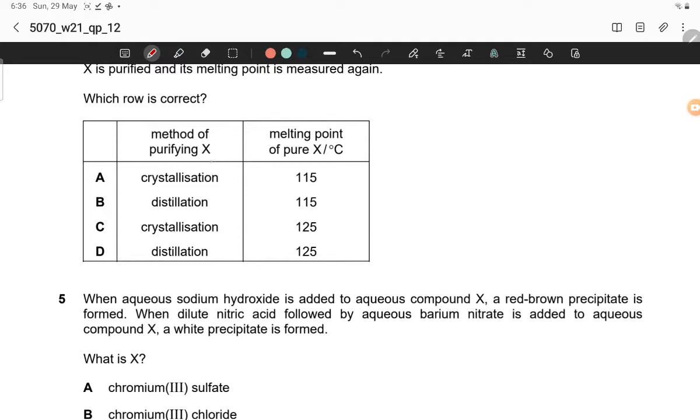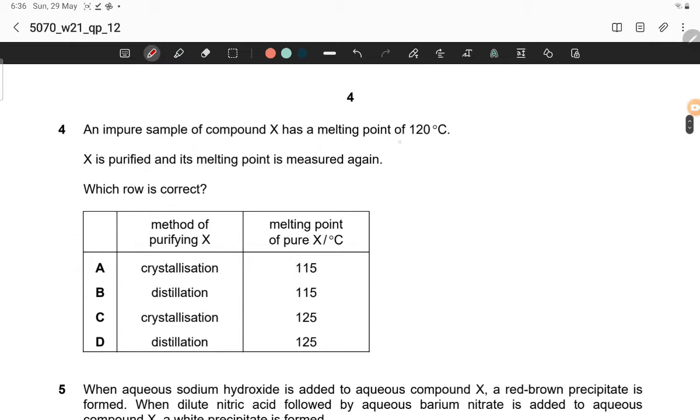Crystallization with 115 degrees centigrade: this is lower than 120 degrees centigrade, so it cannot be correct.